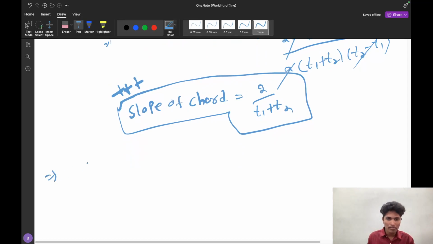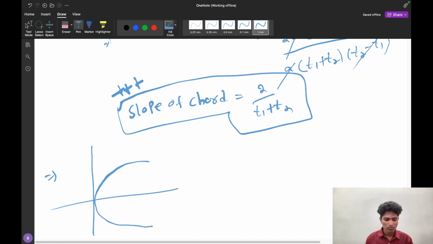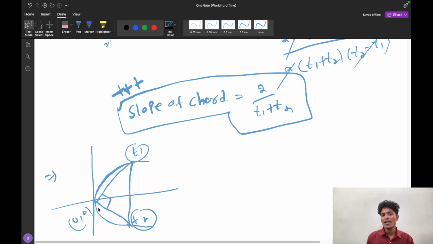And one more result. Suppose this is a parabola. Suppose this is parameter t1 and this is parameter t2. Suppose the line joining these 2 points makes a right angle at the origin, what is the relation between t1 and t2? The origin is (0, 0). If it is making the right angle at the vertex, I can simplify the relation.